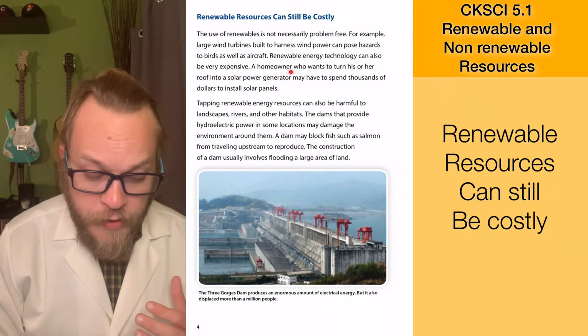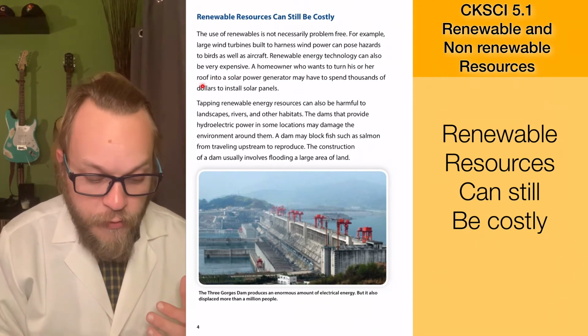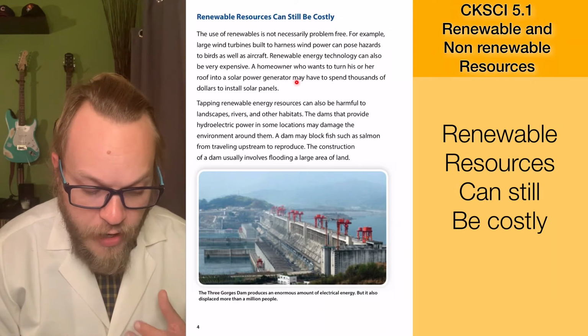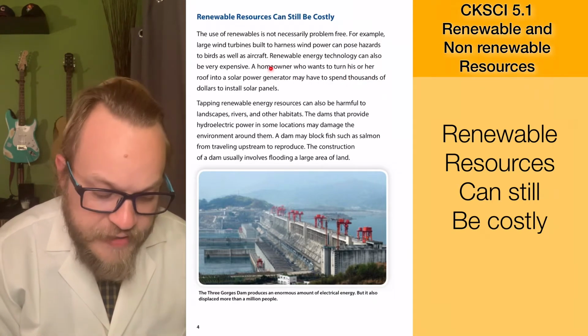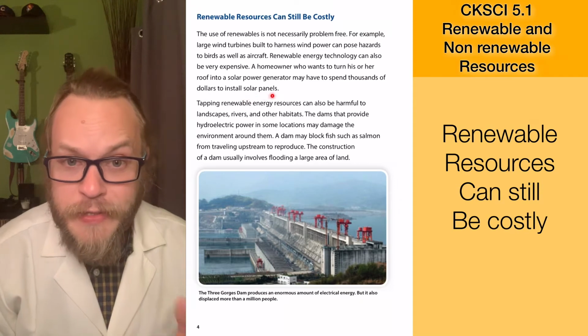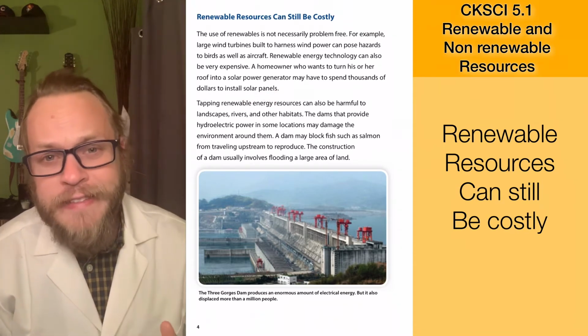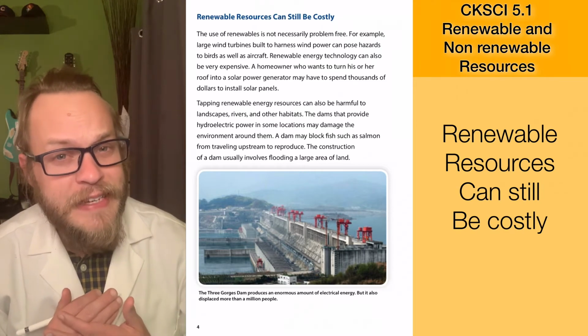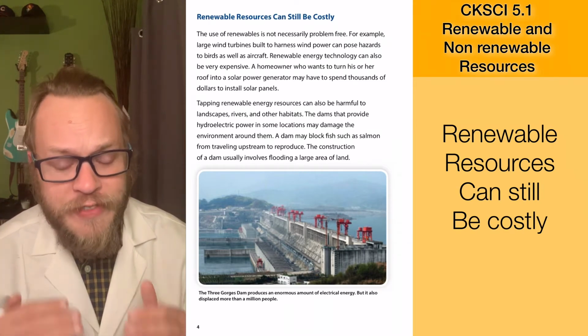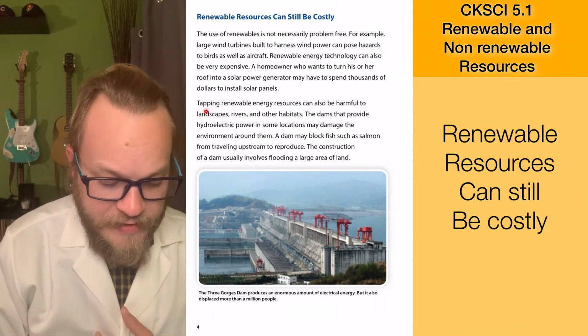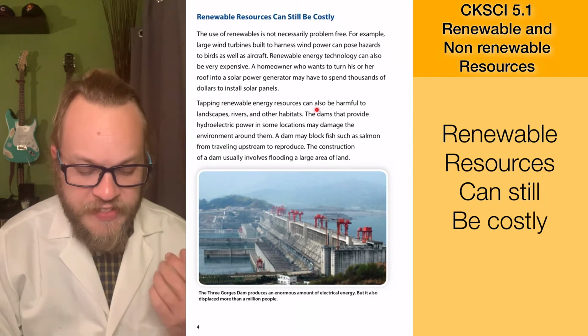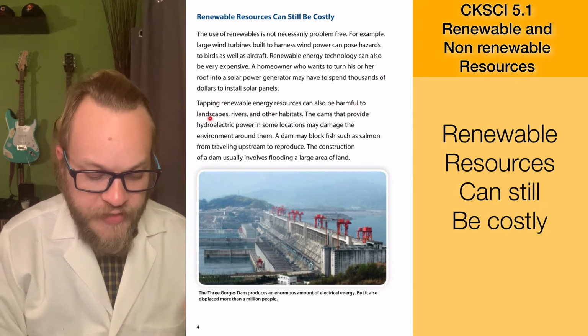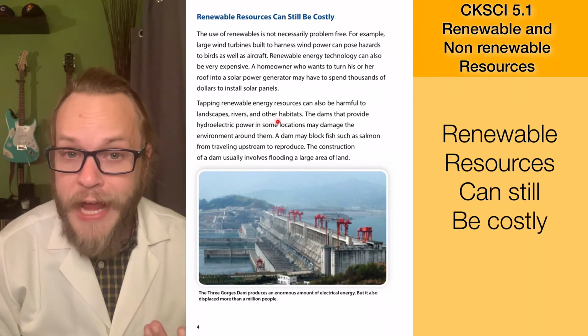A homeowner who wants to turn his or her roof into a solar power generator may have to spend thousands of dollars to install solar panels. Yes, there are grants that you can get if your family is considering solar, but it is not the cheapest route to start off. Tapping renewable energy resources can also be harmful to landscapes, rivers, and other habitats.